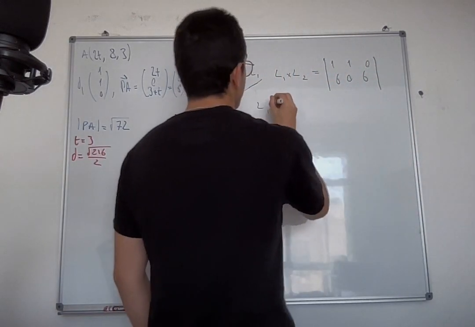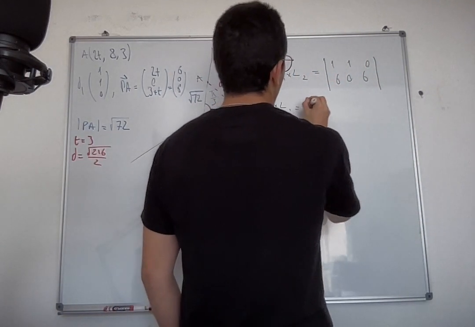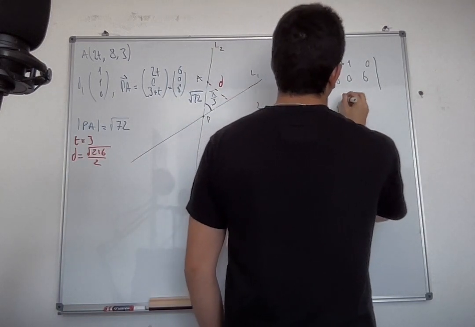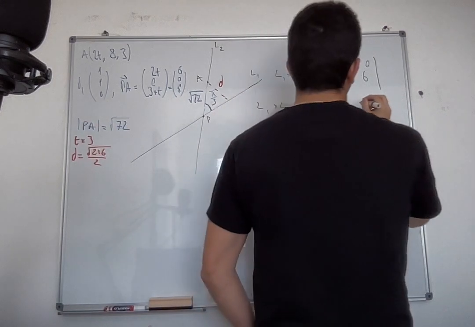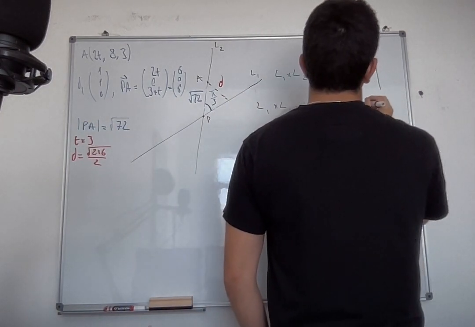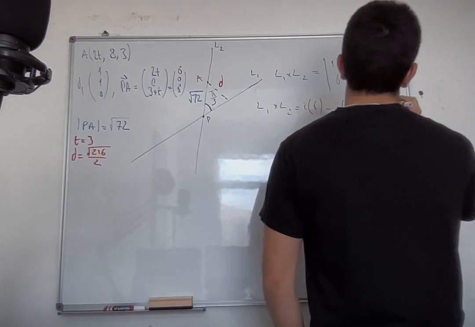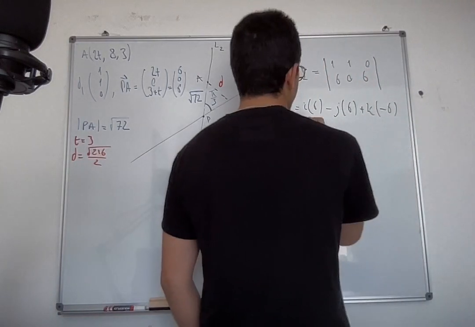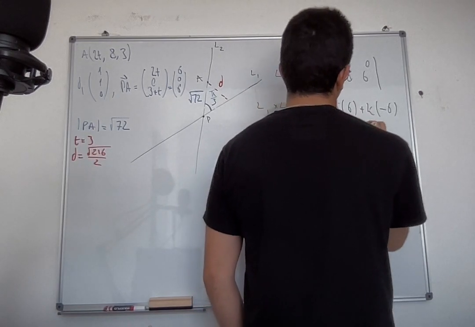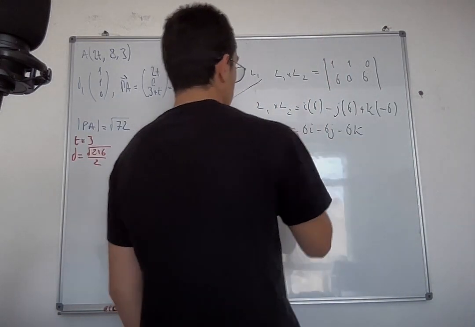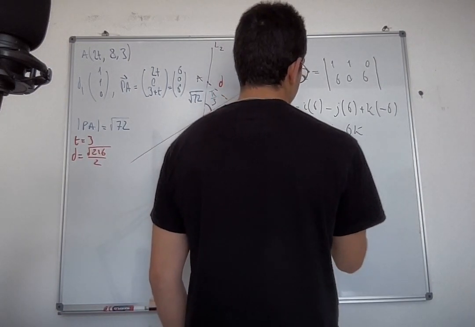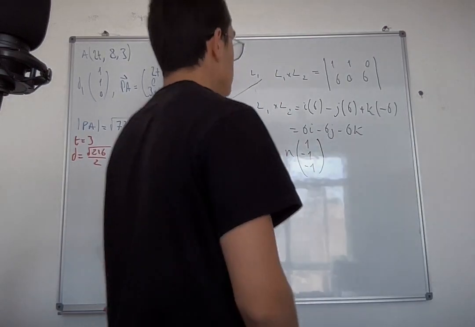So it will be 6i minus 6j minus 6k. So the normal vector will therefore be 1, negative 1, negative 1. That's normal to the plane.